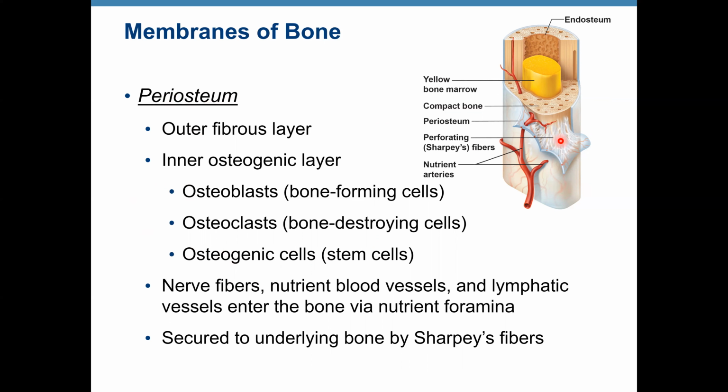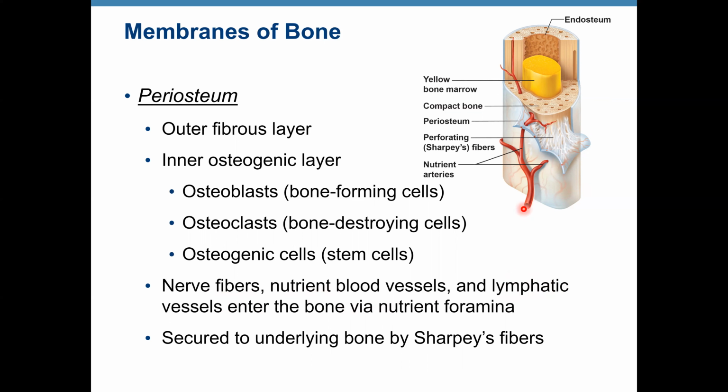Also, the periosteum has nerve fibers, nutrient blood vessels, and lymphatic vessels. Well, I'm not sure about lymphatic vessels. I think there are no lymphatic vessels in bones, but let's just leave it as nerve fibers and blood vessels, and they enter the bone via nutrient foramina.